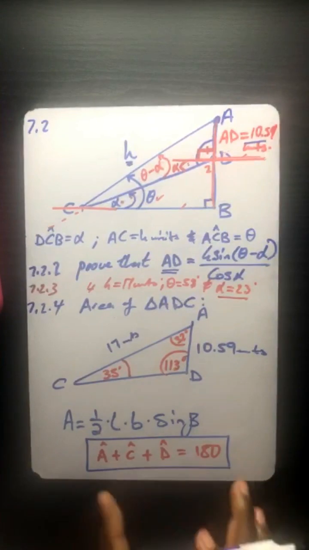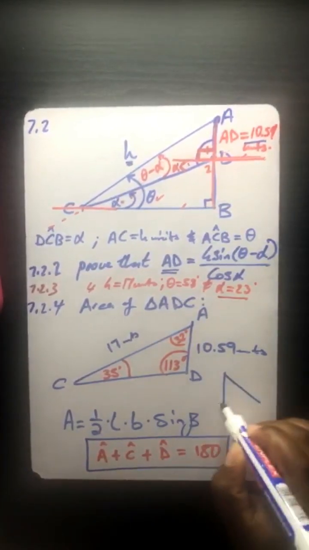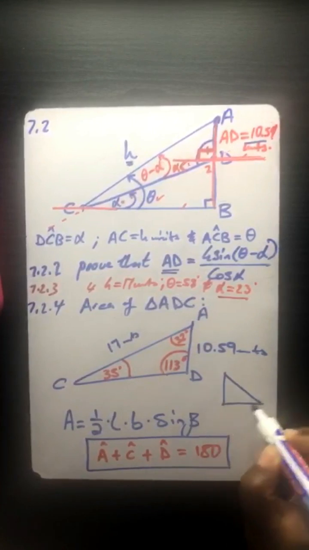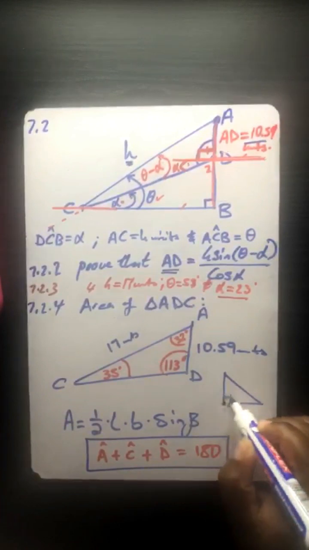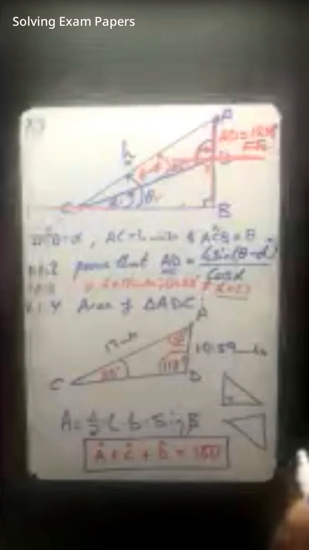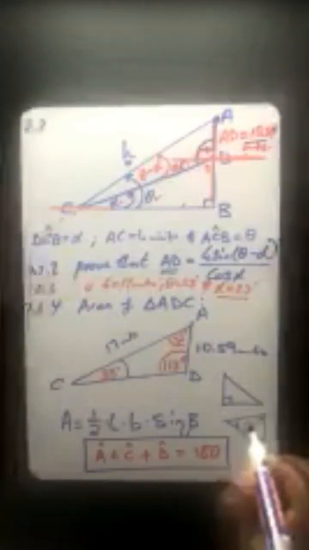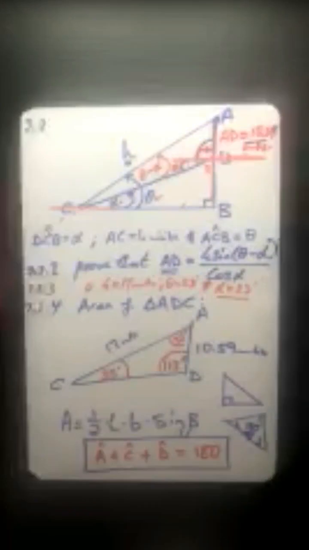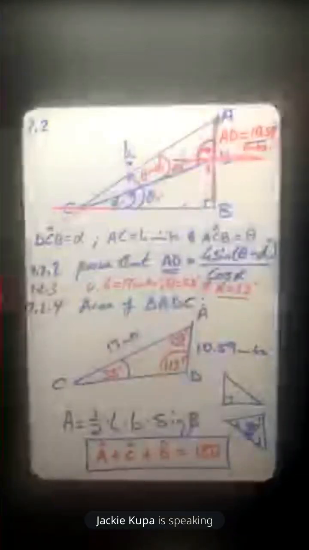This is a formula that you must always know, whether a triangle is a right-angled triangle or whether it's just a triangle. Interior angles of a triangle will always be equal to 180. I'm not sure if you remember this theorem, Jackie. Yes, I know that one.